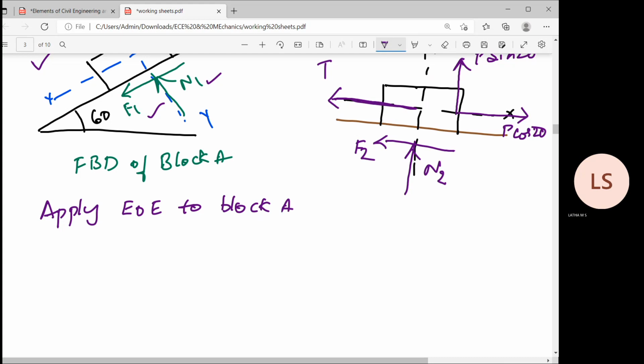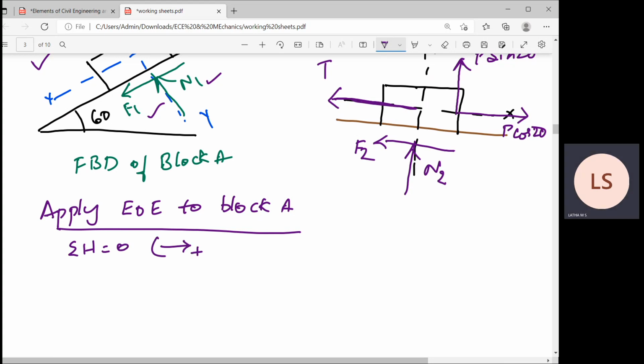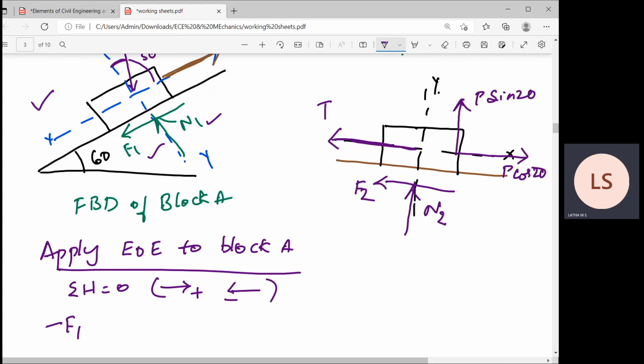A. Okay. So I'll write sigma H equal to 0, wherein all right moving forces are positive, all left moving forces negative. So minus F1, see the diagram, minus F1, then plus T, then minus 4 cos 30 will be equal to 0, right?